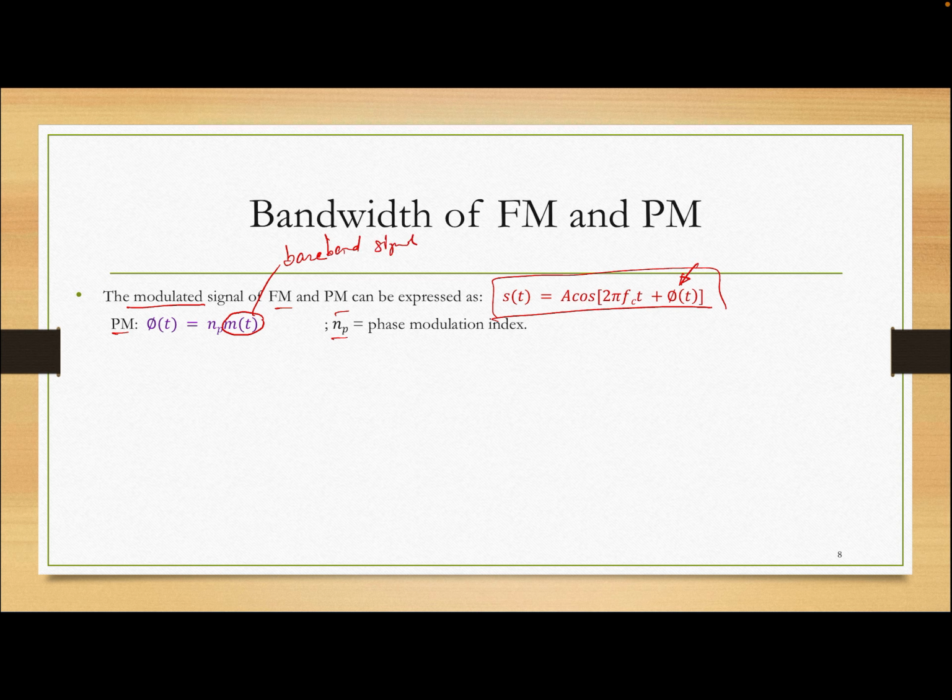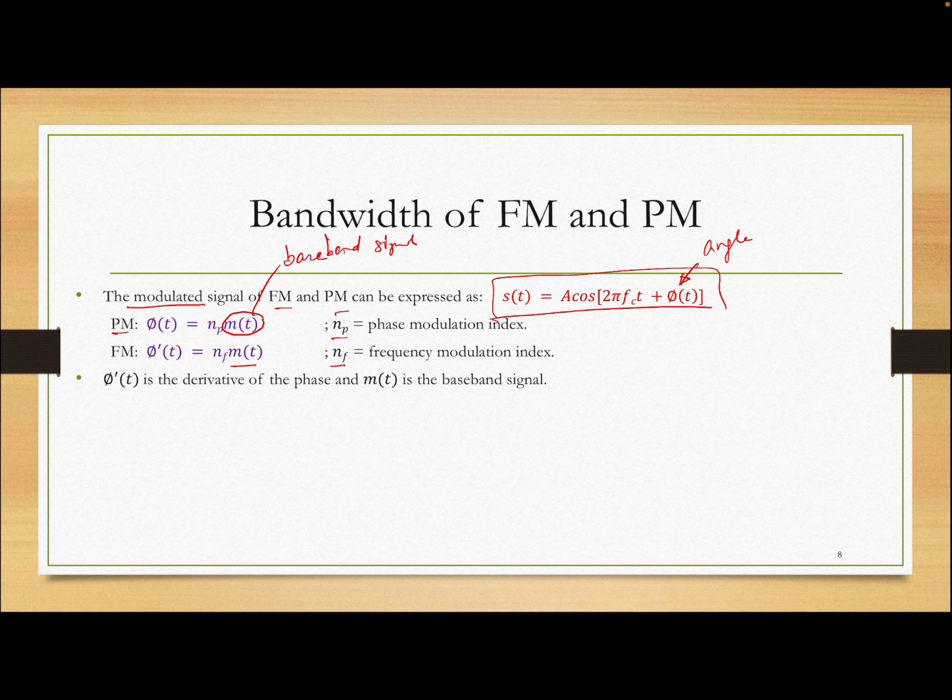But for FM, the derivative of the angle, this is like the angle, is the multiplication of the frequency modulation index, which is a constant, with the baseband. This is different. So you differentiate the phase to get the frequency. So this is the derivative of the phase.